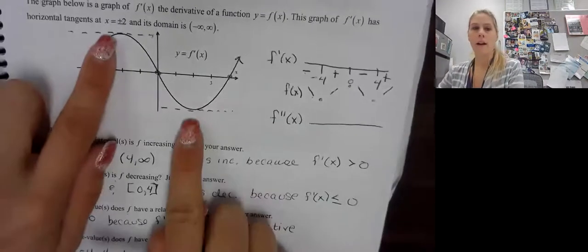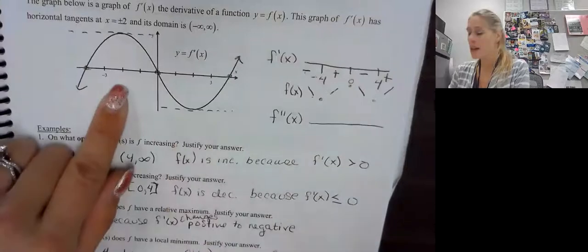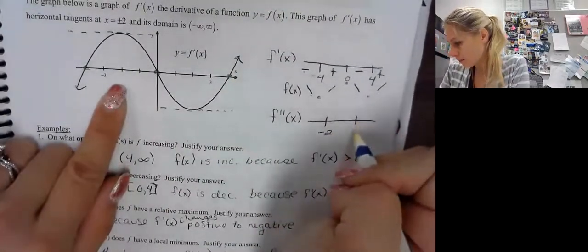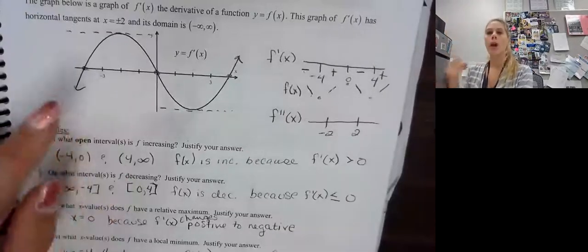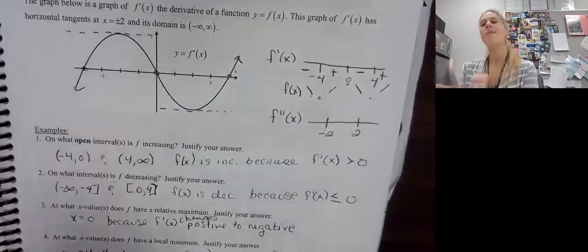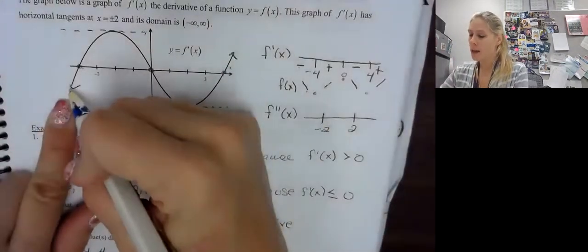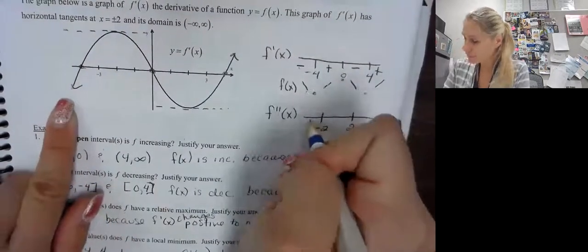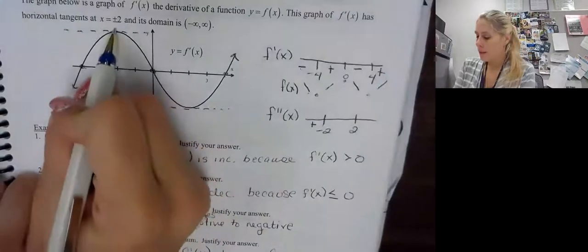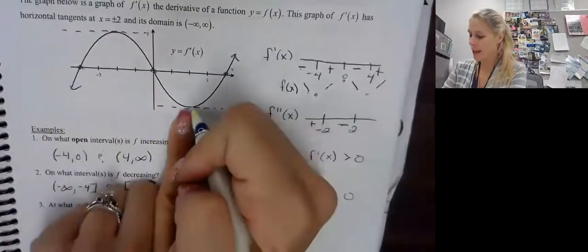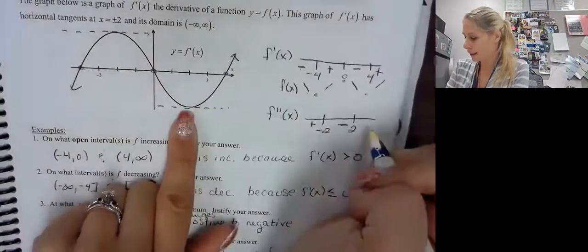We see in our graph that the slope is 0 at -2 and 2. And when we talk about the first derivative, we talk about increasing, decreasing. And as you can see, less than -2 is increasing, between -2 and 2 is decreasing, and then after 2 is increasing.